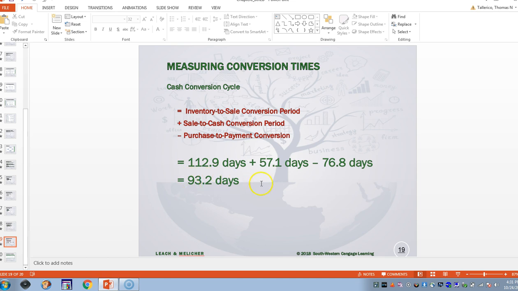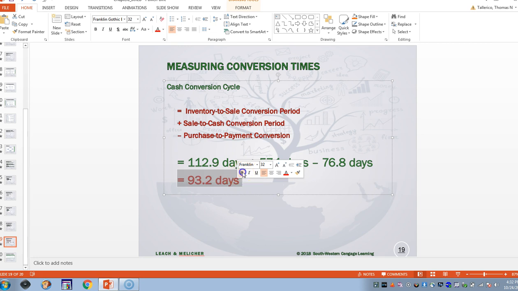It takes 93.2 days to get my cash in, and that's it. So this is the number, and all it is is those three ratios. This one plus this one added, minus the purchase to payment period. All right, so if you have any questions, let me know.